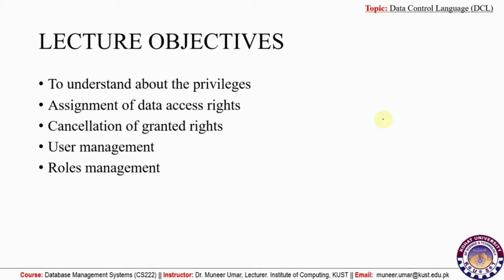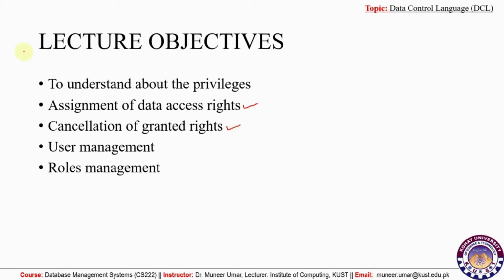These are the objectives for today's lecture. The first thing is to understand the privileges, which types of privileges are available for us and how can we assign these privileges to users, and once assigned, how can we revoke or cancel these granted rights or privileges.